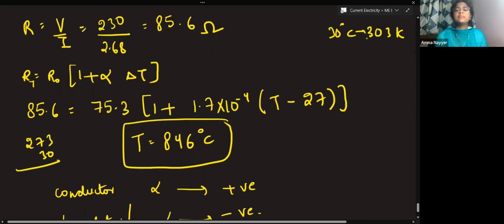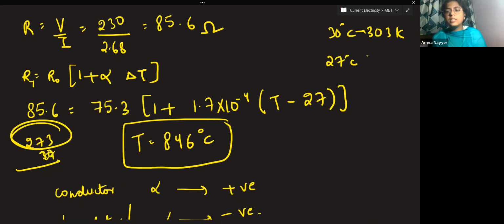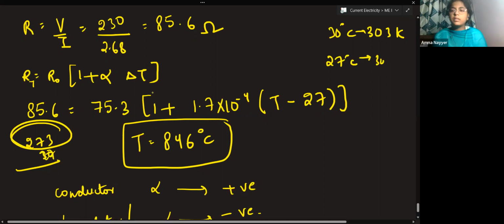I asked Mariam, you give me a temperature now. Mariam says 27 degrees Celsius. I said, fine. So instead of 30, I'll be adding 27 here. Why am I writing this? Because you should know that when you add 273 to a number, it converts into Kelvin. So I converted it, and it came out to be 300 Kelvin.